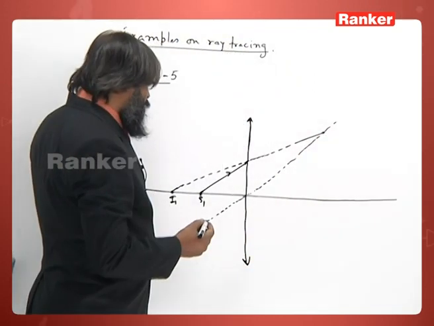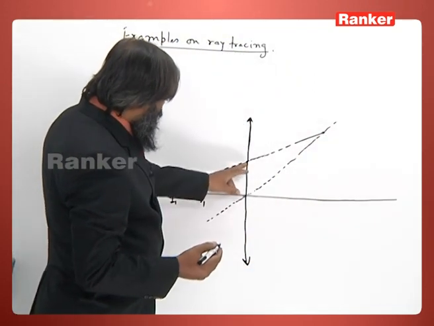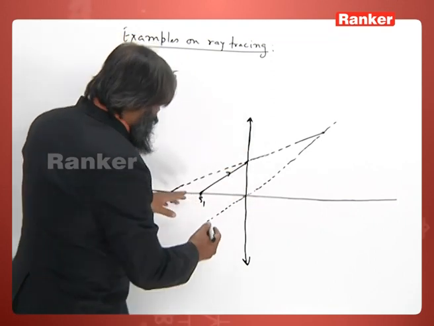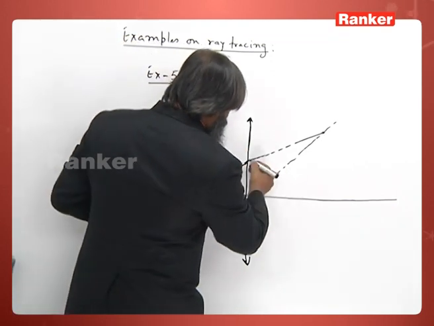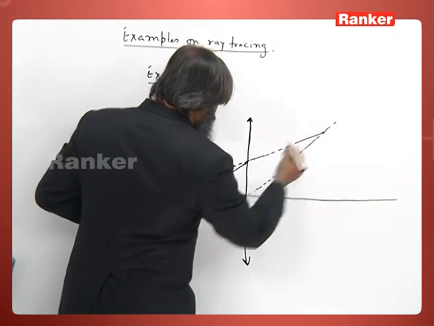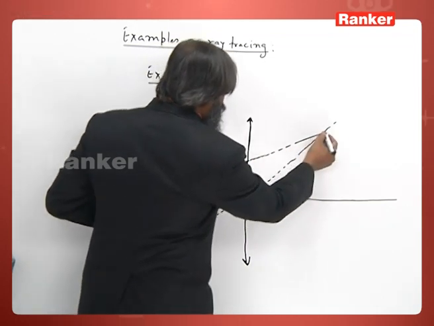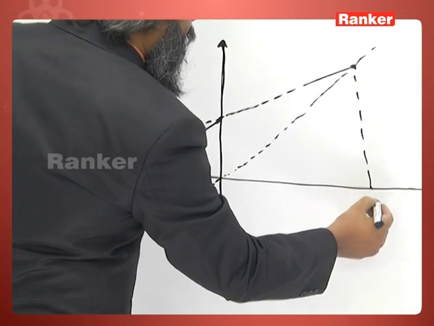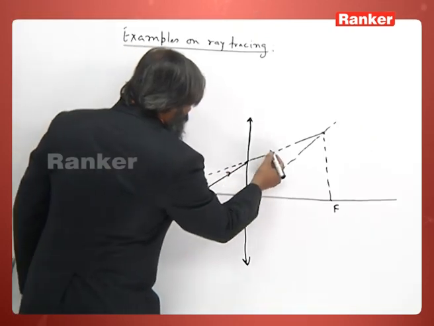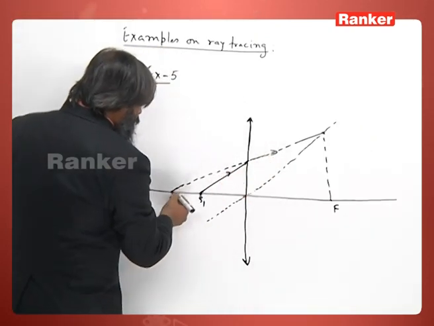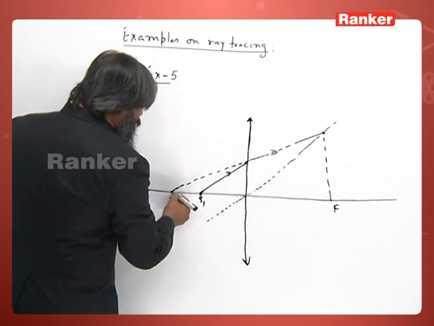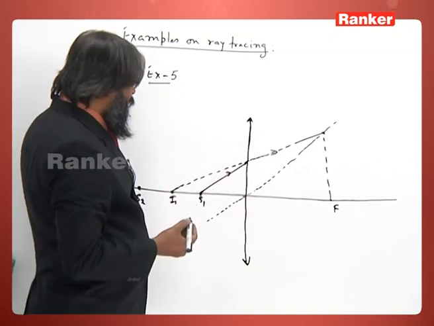So you see here, these 2 rays, when this ray is going undeviated and when I join these 2 points, this becomes the focal plane. This ray bends in such a way that this becomes the virtual image.